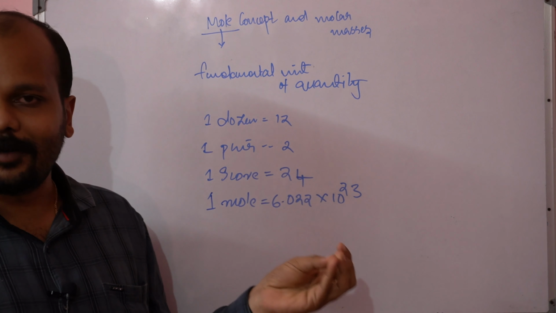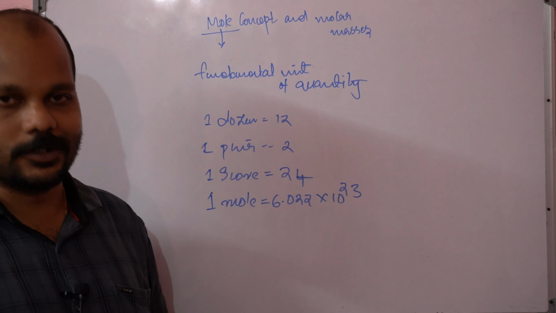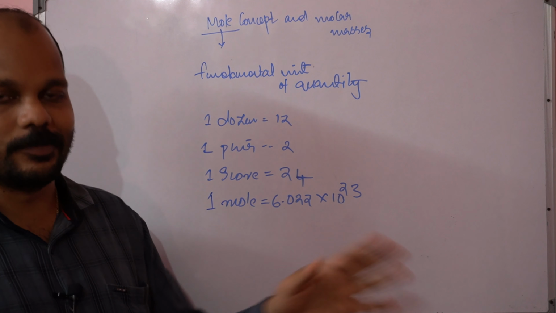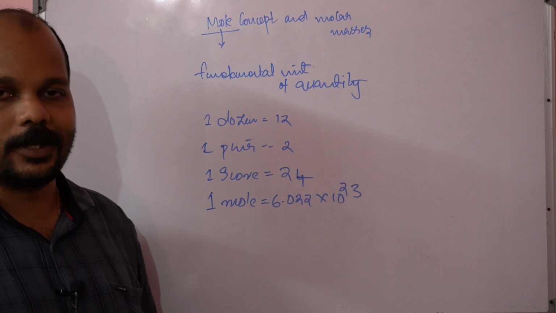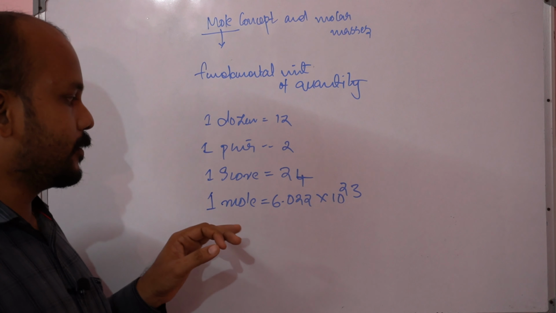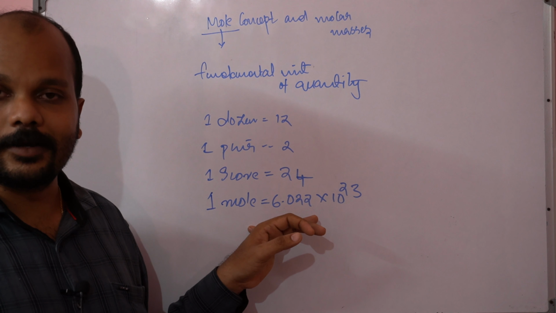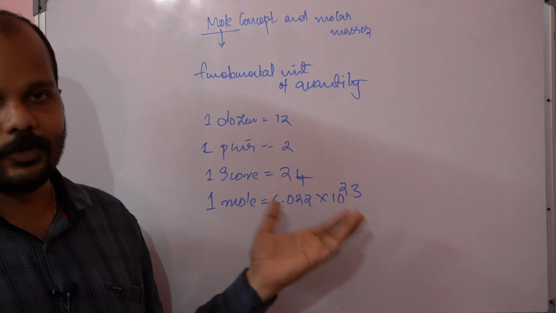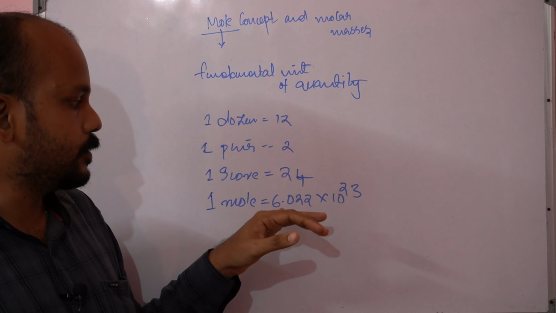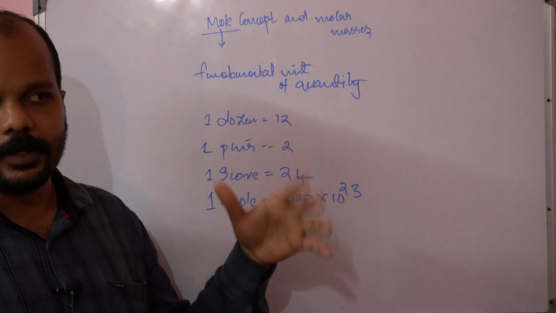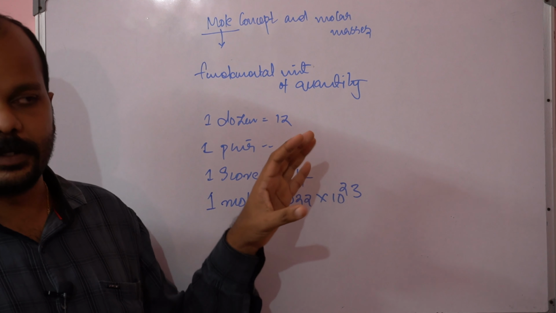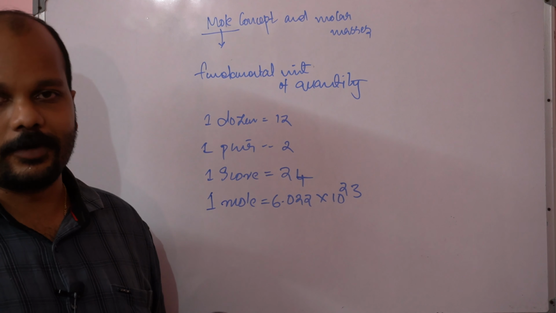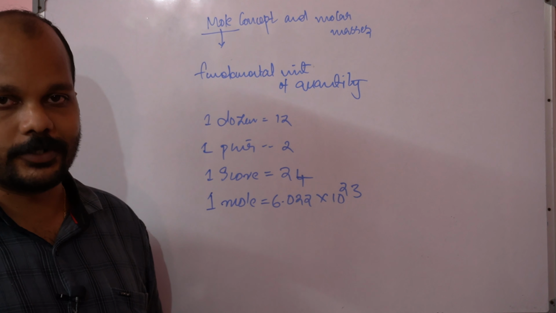If you take 24 carbon atoms or oxygen atoms, that is also not going to be easily measured using ordinary laboratory scale apparatus. When we go into atomic scale entities, we need to have some specific number in order to make things easy and applicable in our day-to-day life, or in laboratory conditions at least.